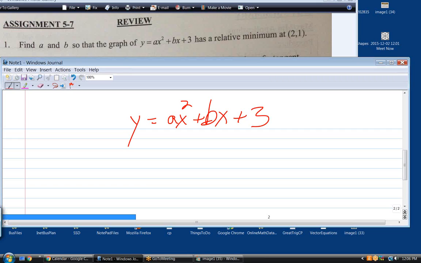Okay, what's obviously the first thing we need to do? You find the derivative of that? Yeah. Okay. Now, they're saying that there's a relative minimum when x is 2 and y is 1.